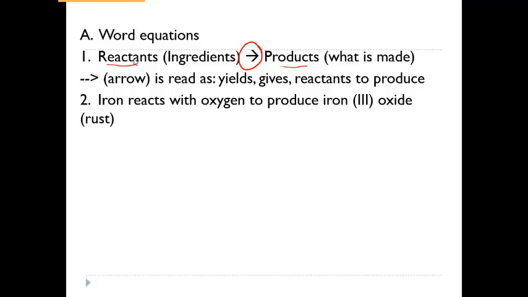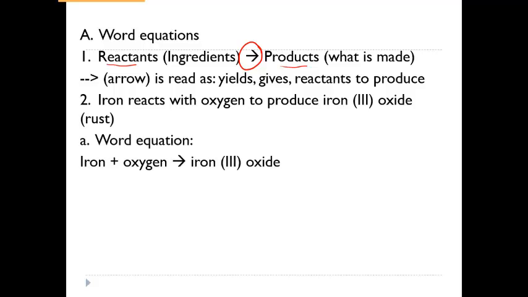So for instance, iron as a metal can react with oxygen in the air, and it will produce iron 3 oxide in this case, which is rust. So if you've ever seen anything that's rusted, that's iron 3 oxide, and that's made from iron and oxygen. So that's a word equation, and we're going to take this kind of formula that's all written out in words, and we're going to be converting the ands and the producing to different symbols.